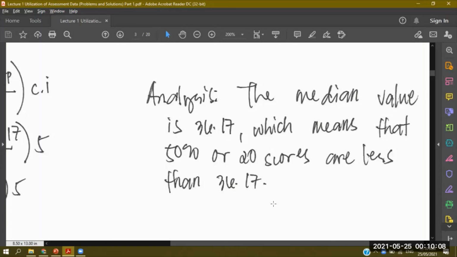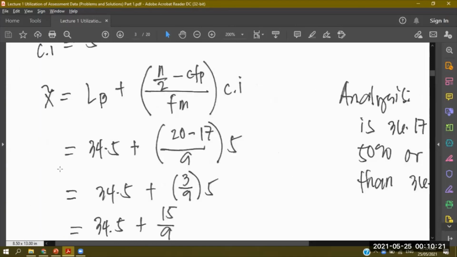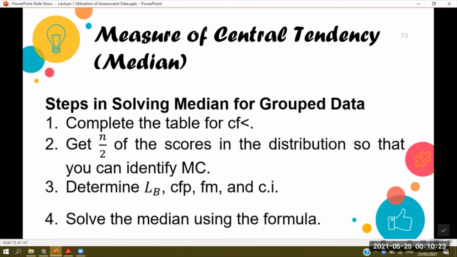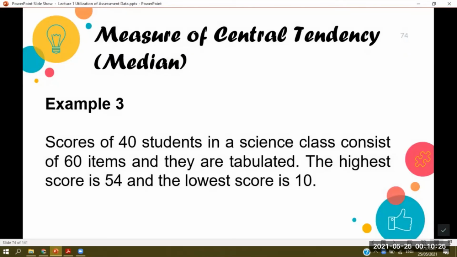You can also say that 50% or 20 scores are greater than 36.17. That is the analysis for our median of grouped data. Okay, so that's it.